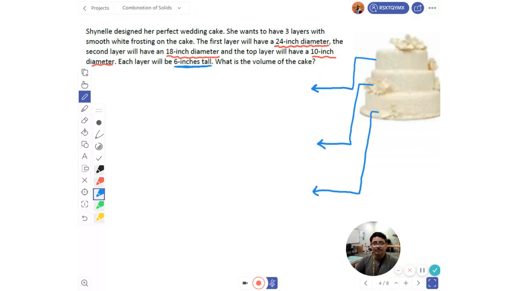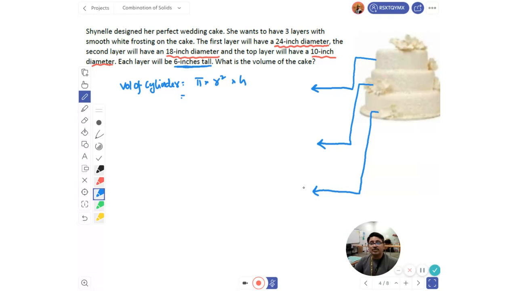Now, the volume of the top one, which is in the shape of a cylinder, so let me write that volume of cylinder equals pi times radius square times h.